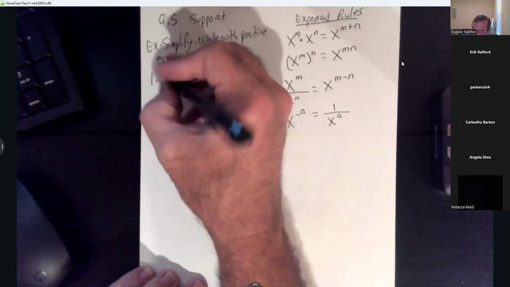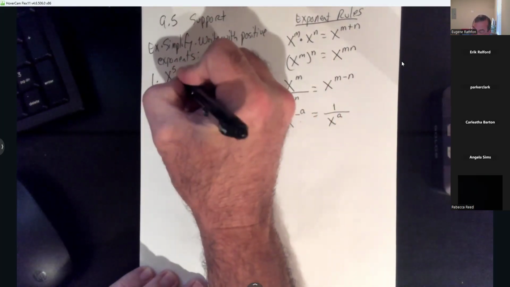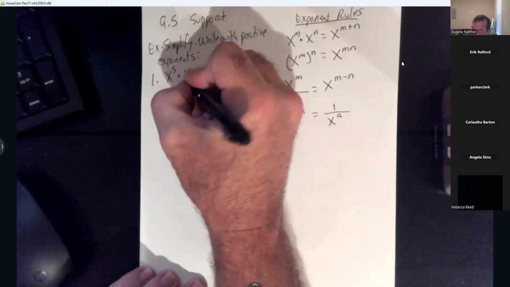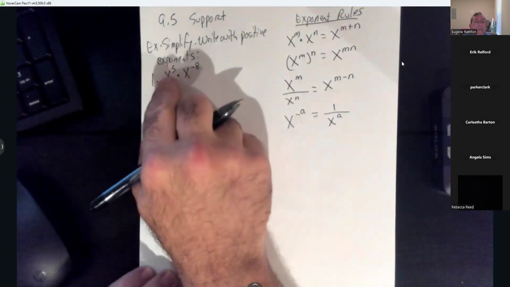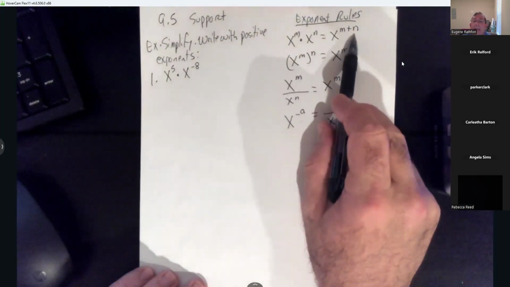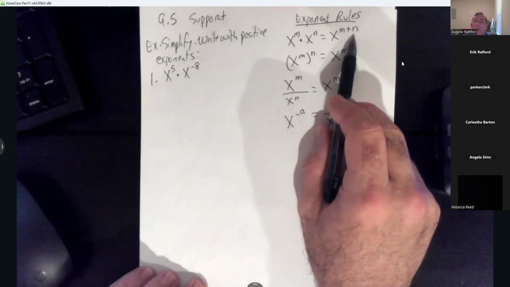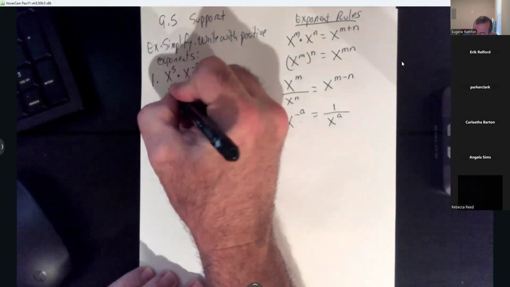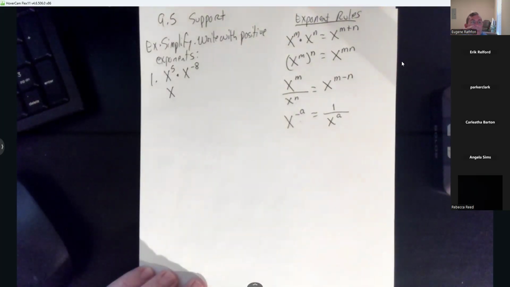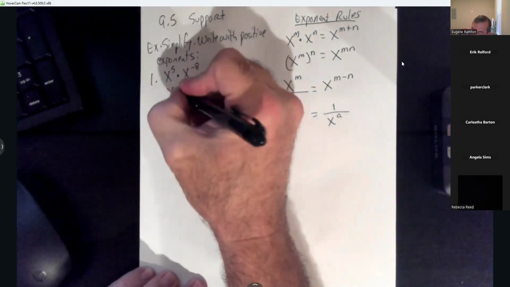So number 1, x to the 5th times x to the negative 8. Since I'm multiplying variables, I'm going to add the exponents. So y'all, what is 5 plus negative 8 equal? Negative 3.